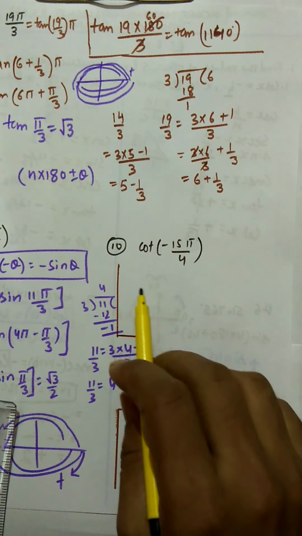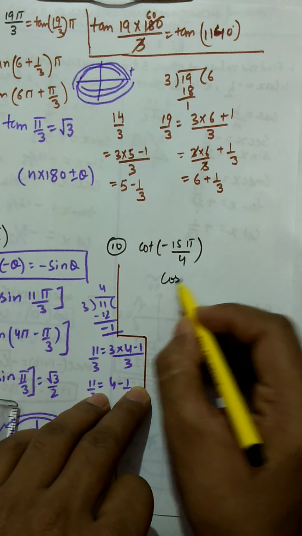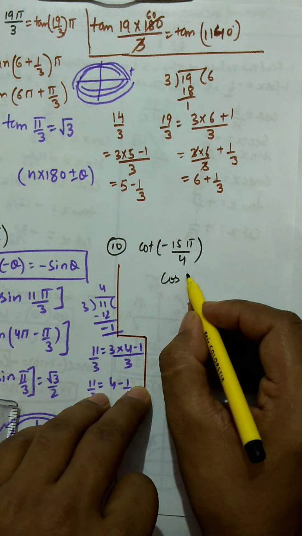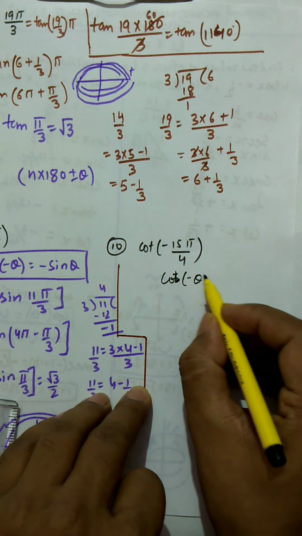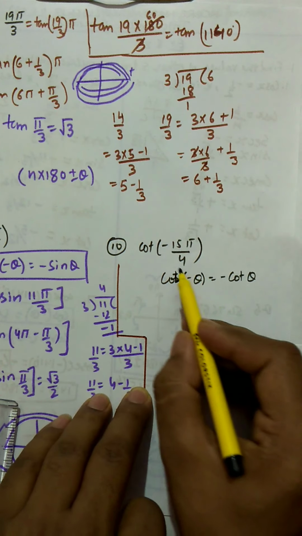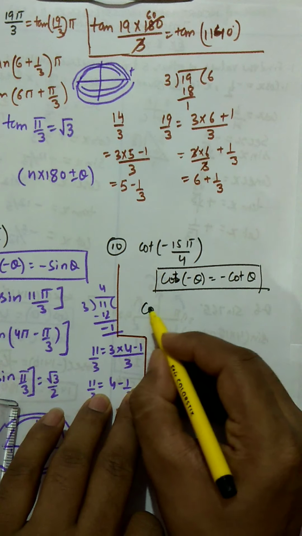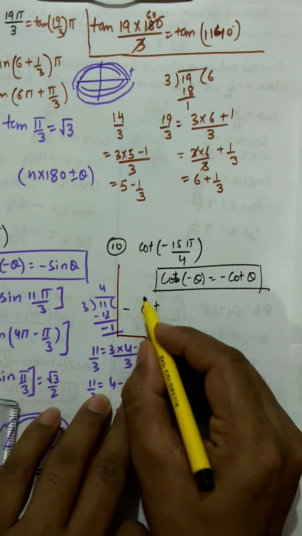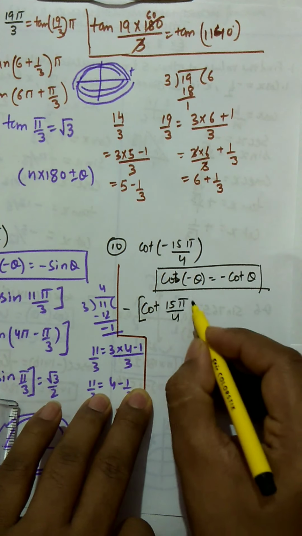Now we see cot minus 15 pi by 4. So according to the rule, there is a formula. If it is cot minus theta, then it becomes minus cot theta. So we'll follow this rule, and we can write that as cot, you can put minus outside, cot 15 pi by 4.